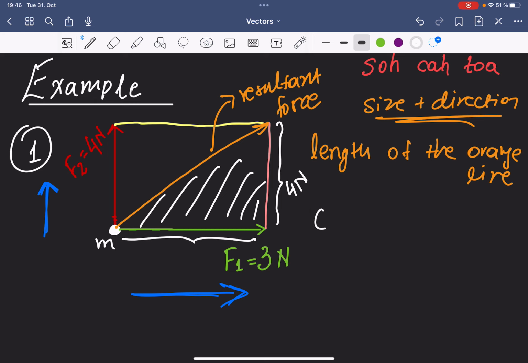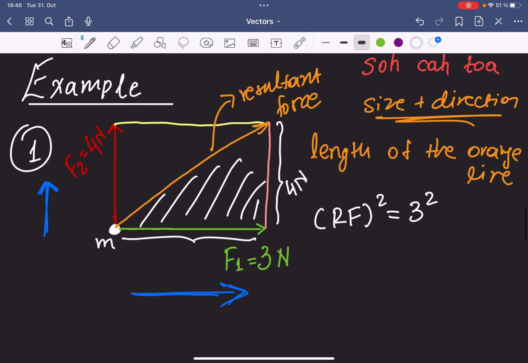So I can say the resultant force, RF, squared, the hypotenuse, should be equal to 3 squared, the green length squared, one of the two sides of the triangle, plus the second one, 4 squared. And this will give me 9 plus 16, that's 25.